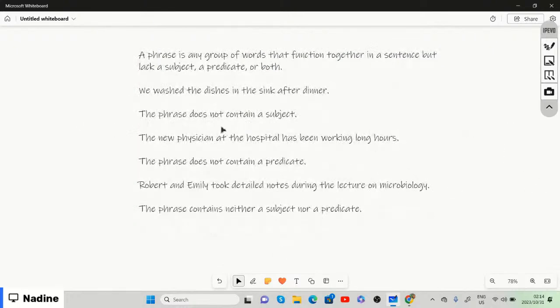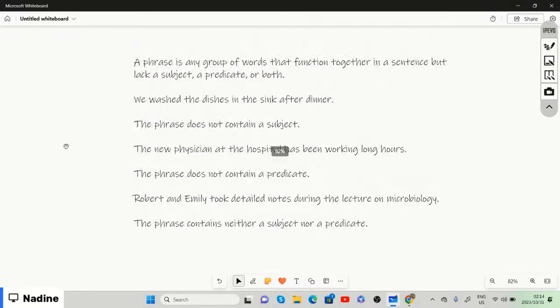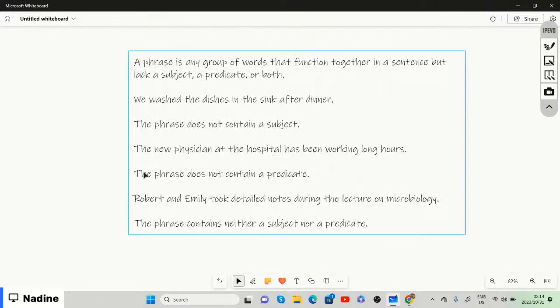If we look at the next sentence: Robert and Emily took detailed notes during the lecture on microbiology.